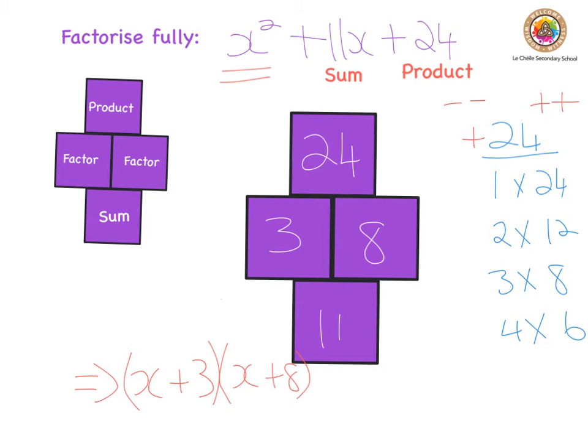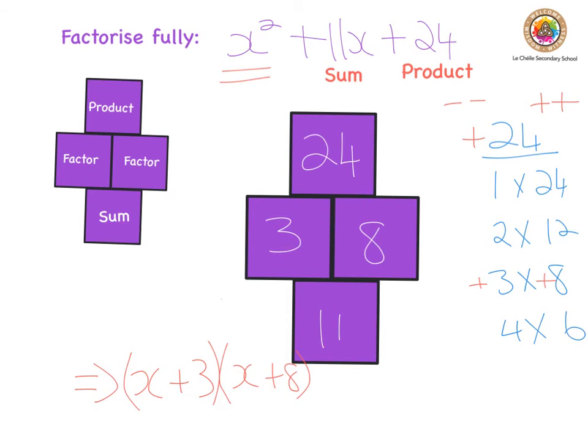Now I know that when I'm looking at this, it's a positive 11x. So I know I want plus 3 plus 8. Well, the two of those multiplied together, plus 3 by plus 8 gives me plus 24. And plus 3 plus 8 gives me 11x. Okay, or it gives me 11.